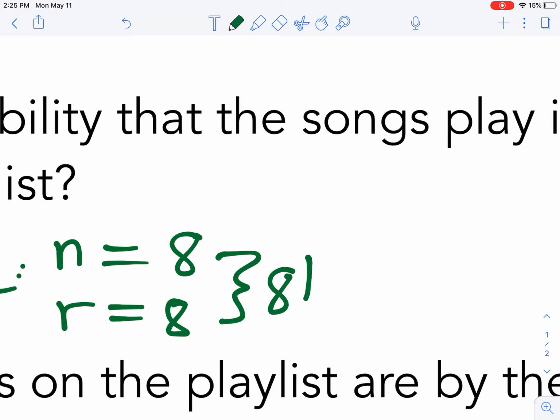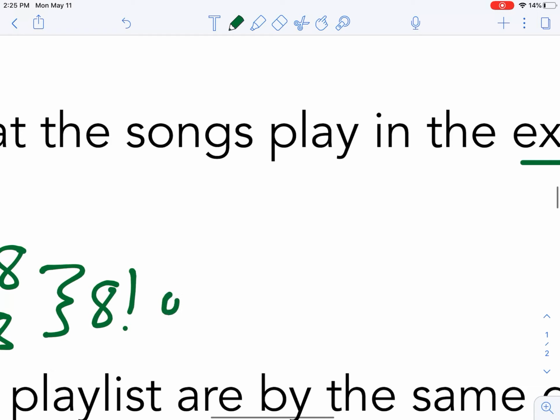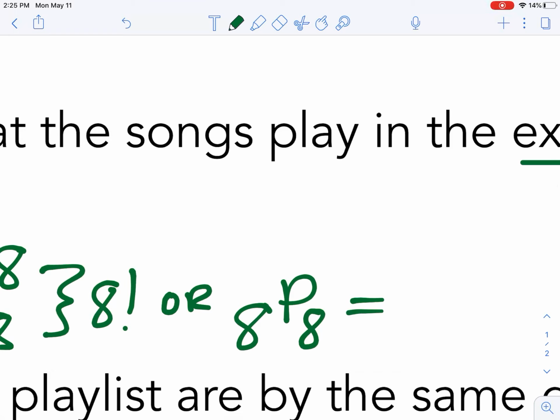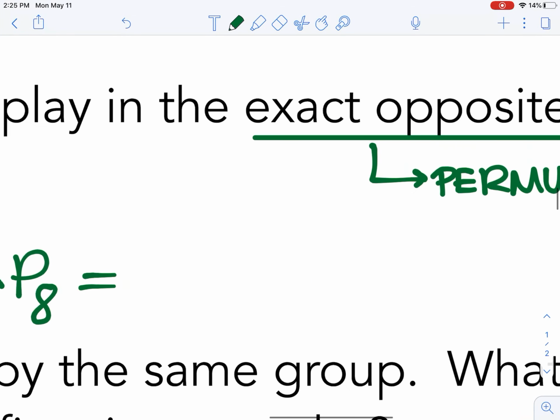So since these numbers are the same, you could just do 8 factorial, or you could put 8P8 into your calculator, and you get 40,320.